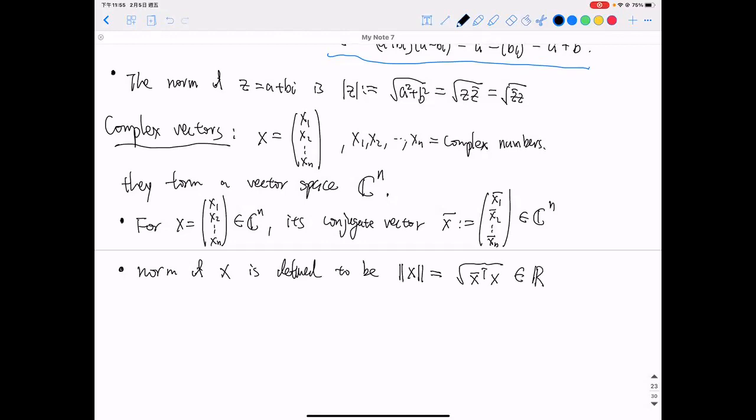More precisely, x bar transpose times x is just x1 bar x1, x2 bar x2, through xn bar xn, and this is the norm squares of the x's. Certainly real and positive.